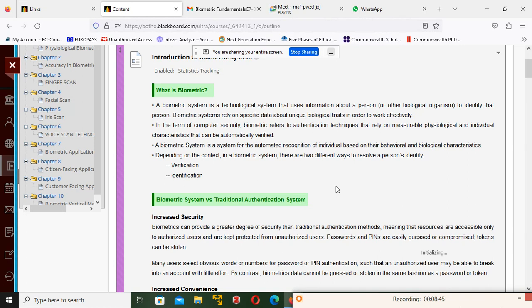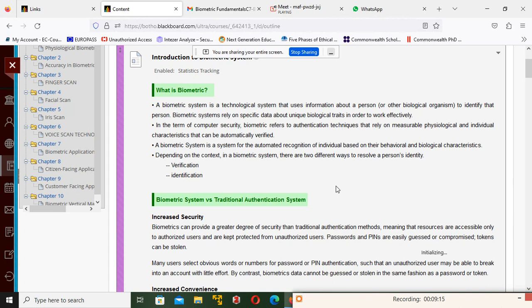But the problem arising is that, whether you are using a password or a PIN, the system cannot really know that it is you who is accessing the system, because somebody can use your password to also access the system. So to be able to know that indeed it is really you who is accessing that particular service, that is why biometrics must come in.